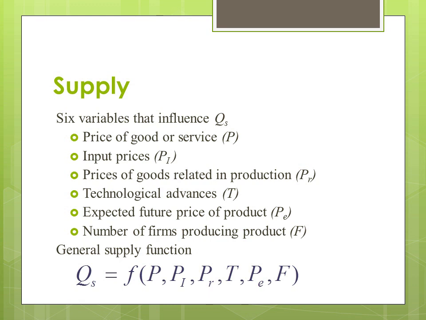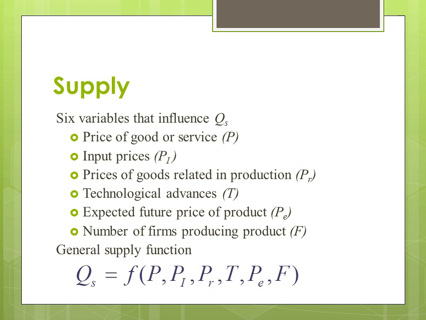So here the general supply function is equal to price of the good and service, input prices, which we will denote PI, and prices of goods related in production, technological advances, expected future price of the product, and number of firms producing the product.